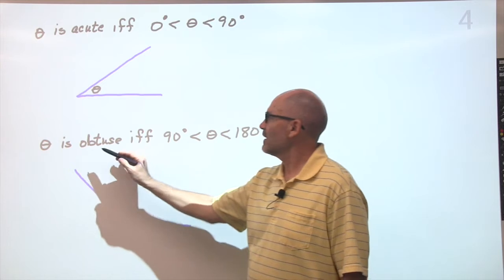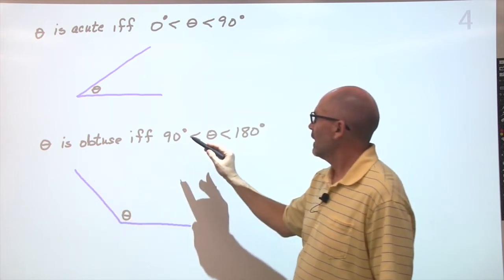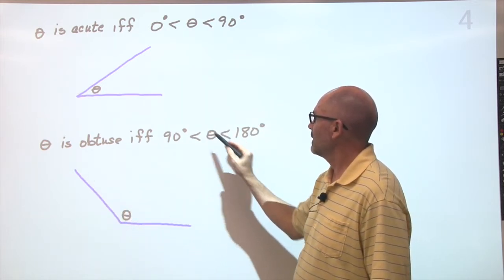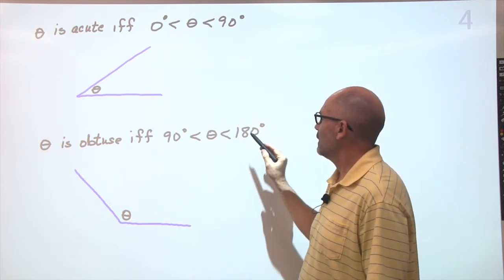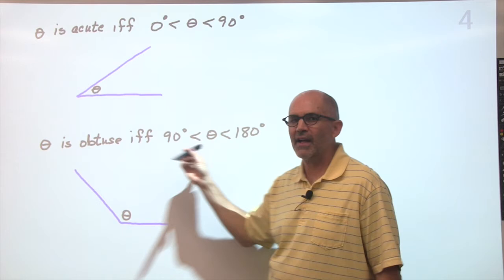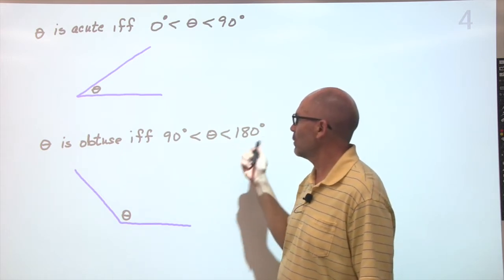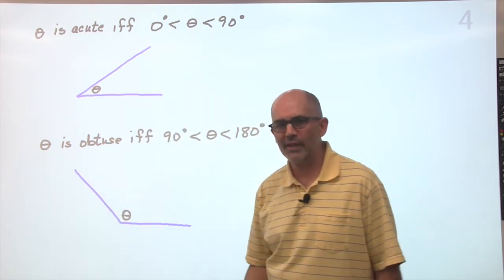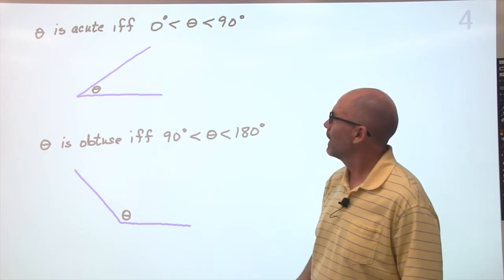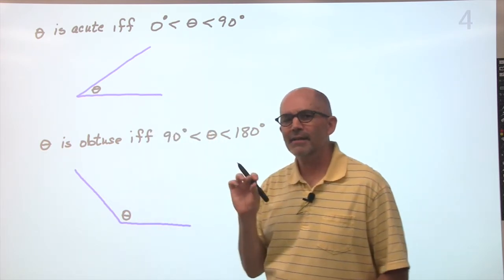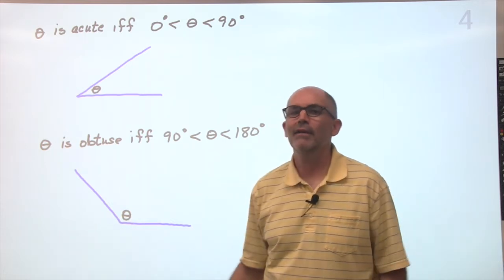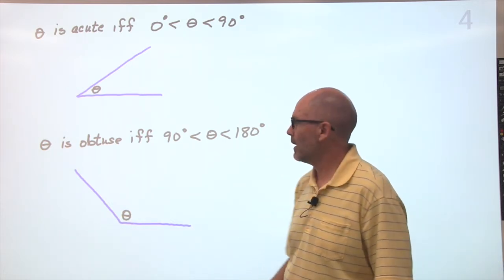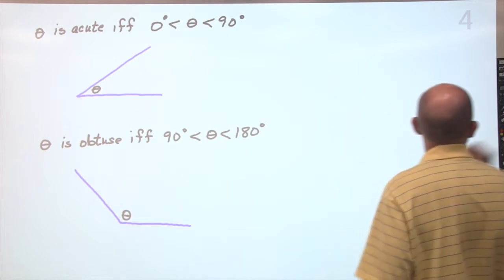Likewise, theta is obtuse if and only if theta is between 90 and 180. And so likewise, if I know that I have an angle between 90 and 180, then I have an obtuse angle. So acute, small. Obtuse is big. Okay, so that's it.